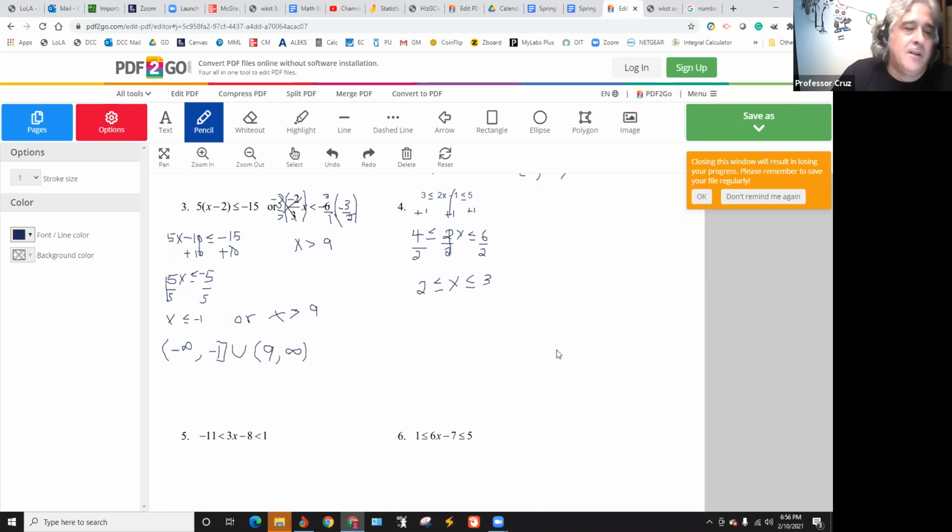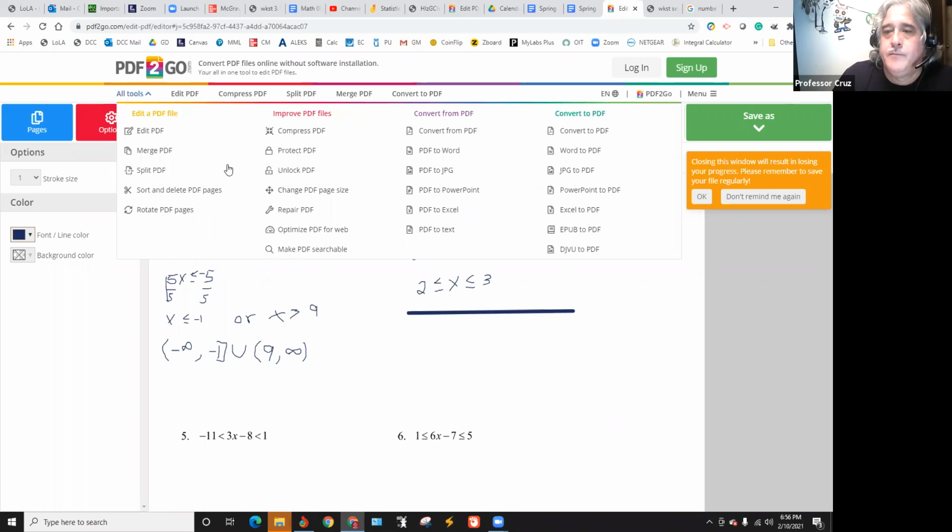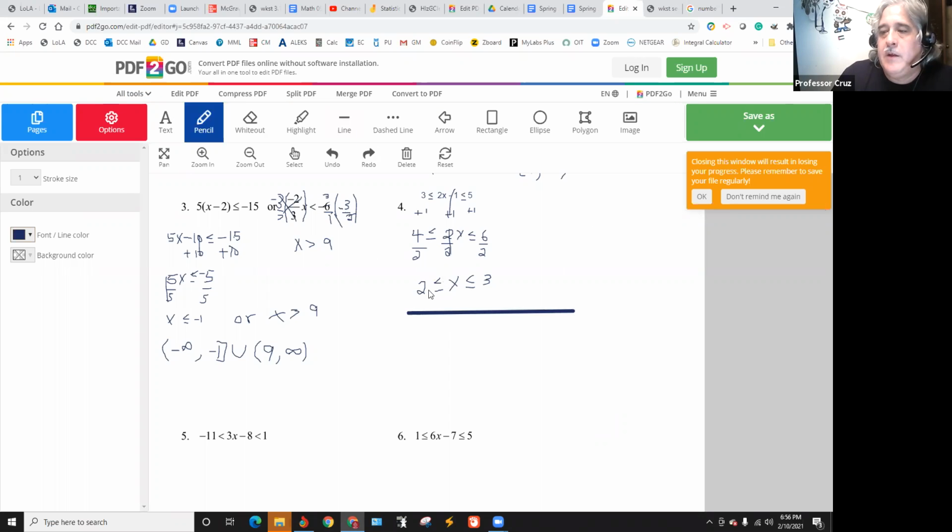So now these are a lot easier when you're talking about the interval notation, and actually for the graph too. See, both of these are brackets.